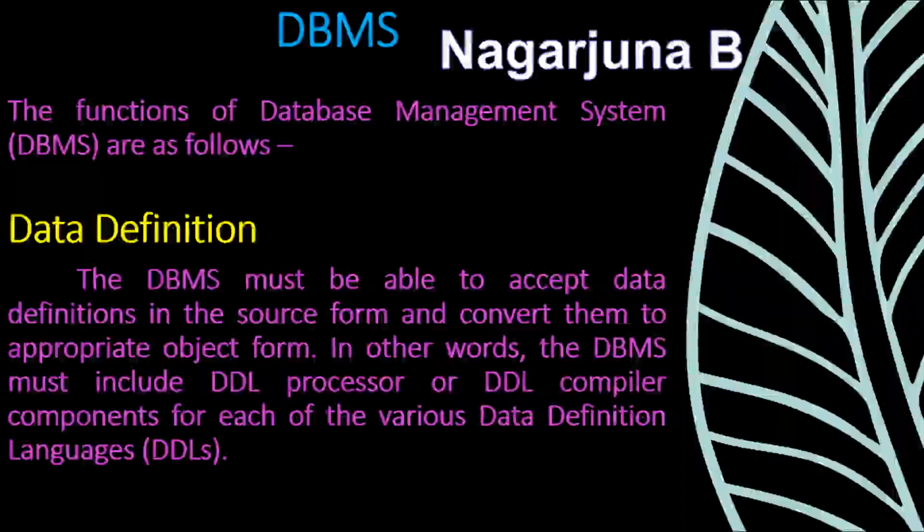DDL stands for data definition language. So it has to include that particular processor or compiler component for each of the various data definition languages, so that it can accept and convert them to the appropriate object form.